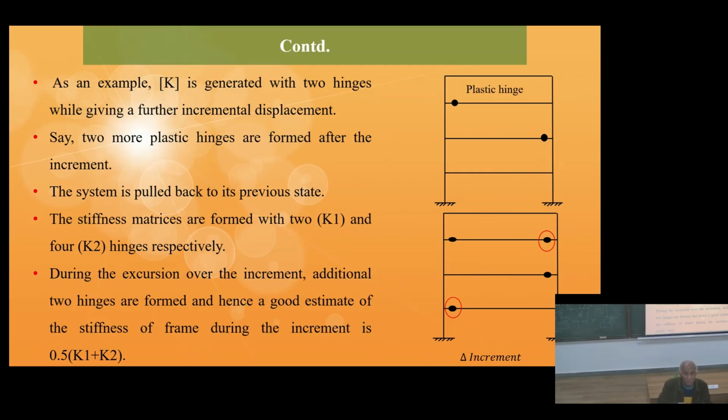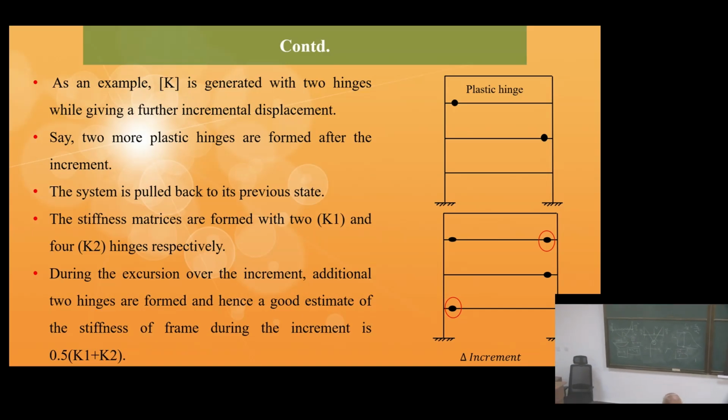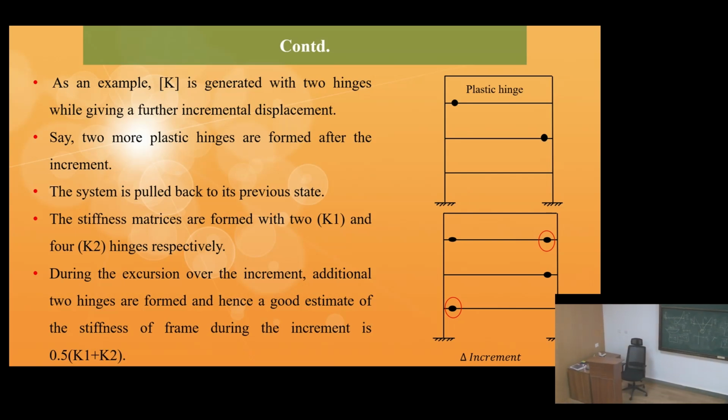The other way is to modify it, and that is what is there in most of the software. What they do is that the moment they find that the extra two plastic hinges have formed, they pull back to the previous state. When four hinges are formed, with that they compute another stiffness matrix. So one stiffness matrix with two hinges, the other stiffness matrix with four hinges.